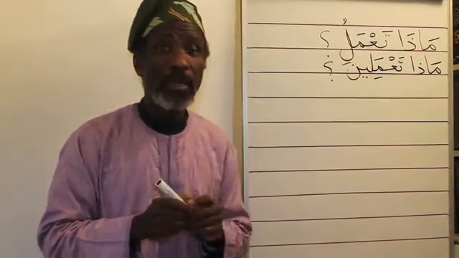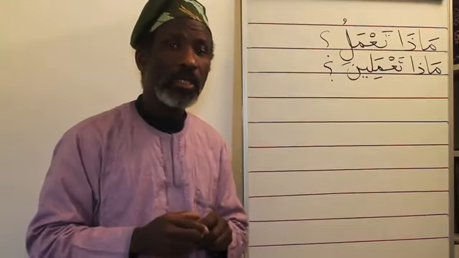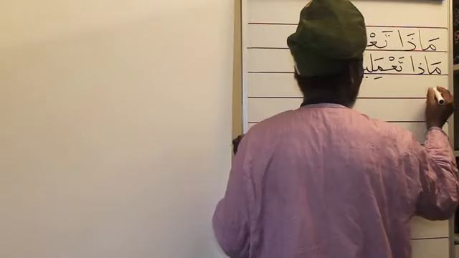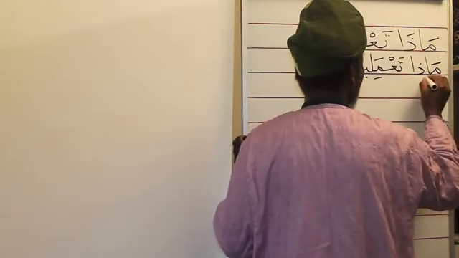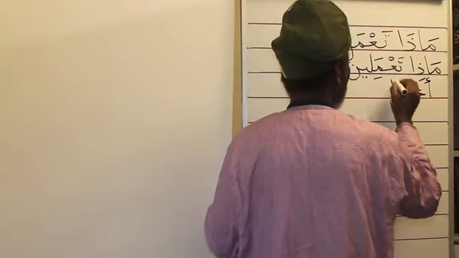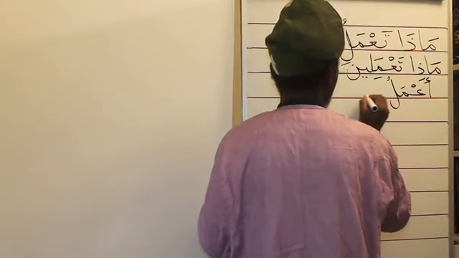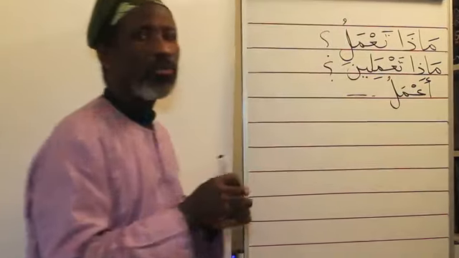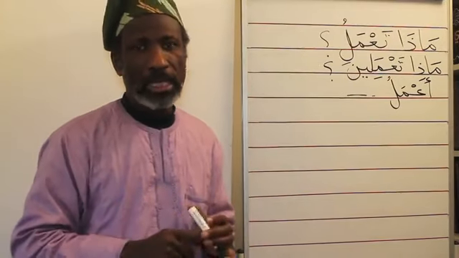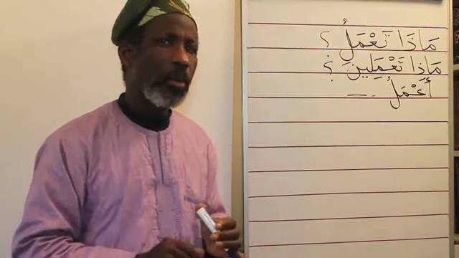Now speaking to a female. ماذا تعملين؟ أعمل. You can say I work. أعمل. And then if you know the word for I work, أعمل, whatever it is. But let's leave that for a minute.